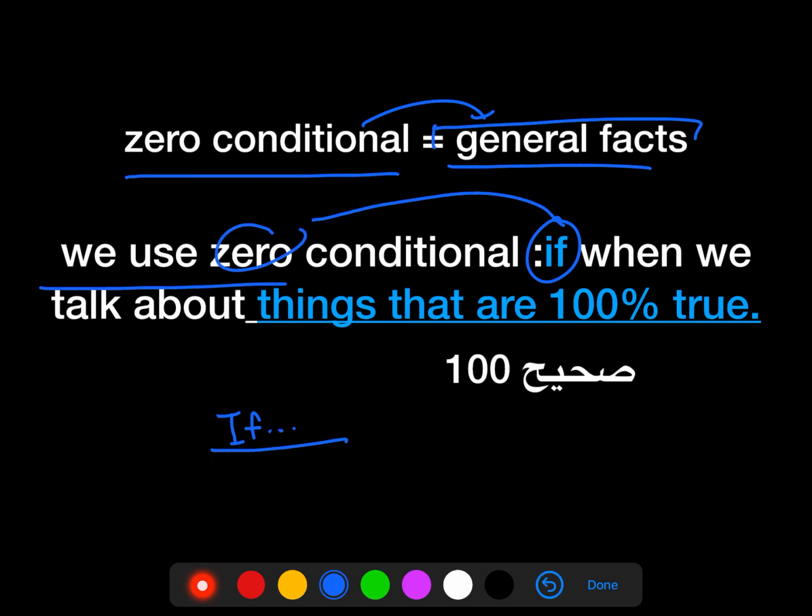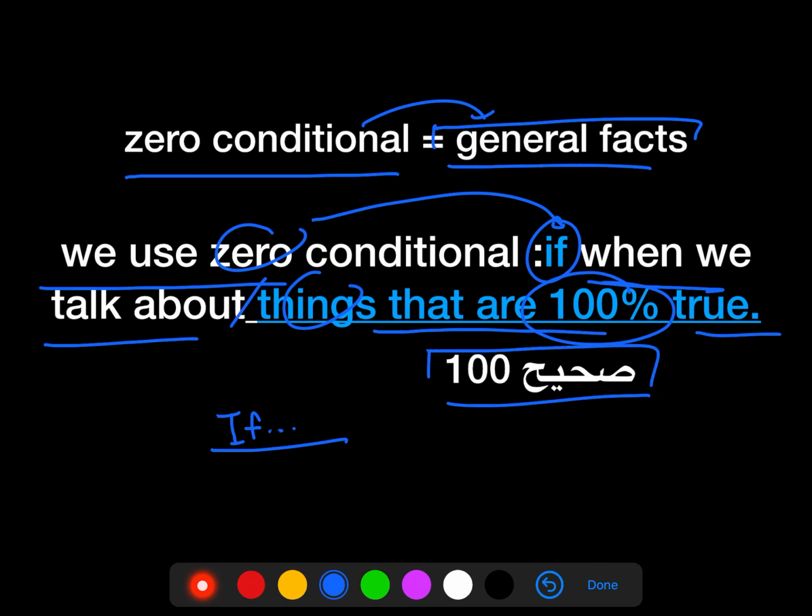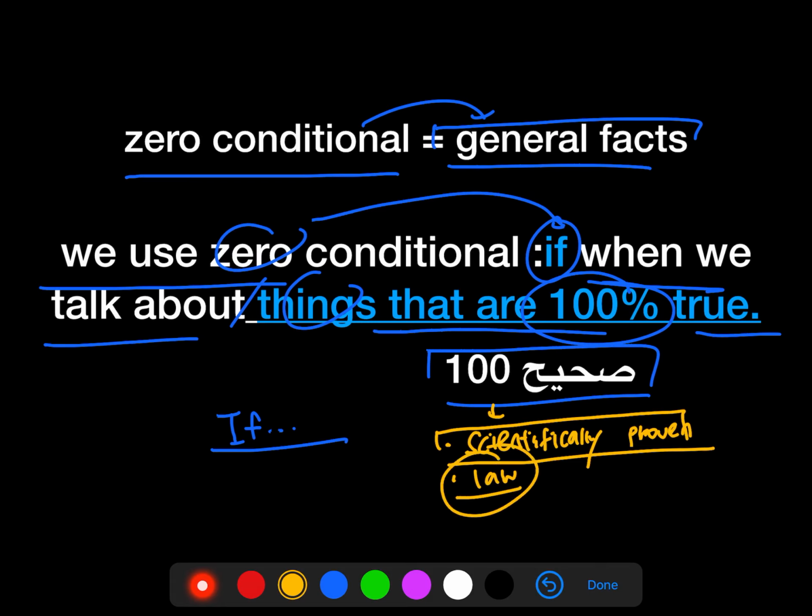We use zero conditional if when we want to talk about things that are 100% true, which means scientifically proven, or law. When we want to talk about things that are 100% true, like general facts, we use zero conditionals.